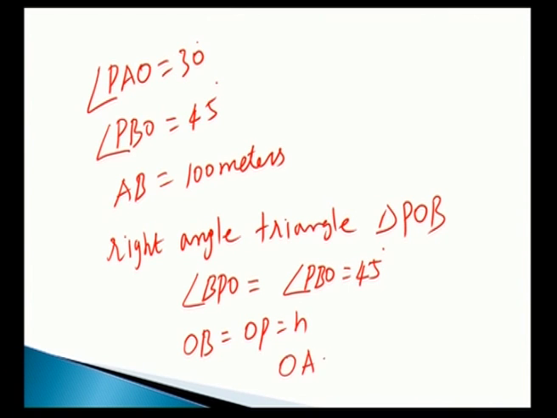Then we know that OA is equal to OB plus AB. Here it is used that OB is equal to h. So h plus AB is equal to 100 meters. So keep this as 100. The value of OA is equal to 100 plus h.